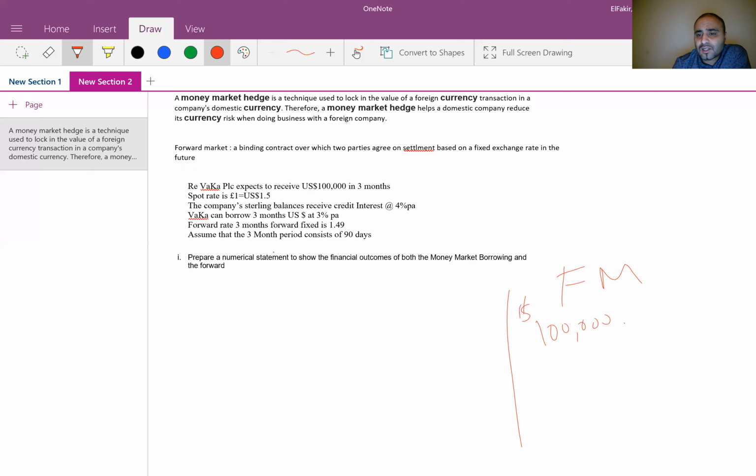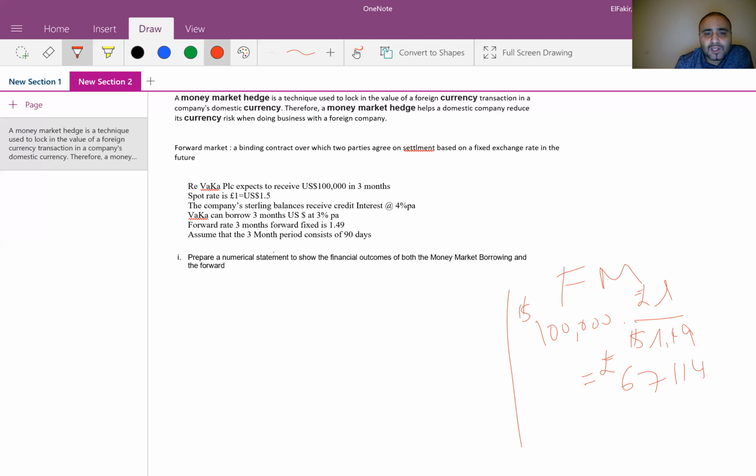And since it is a forward market, they have already fixed the rate at $1.49 to the pound, and that should lead to an amount received of 67,114 pounds. So this is the amount expected using the forward market.